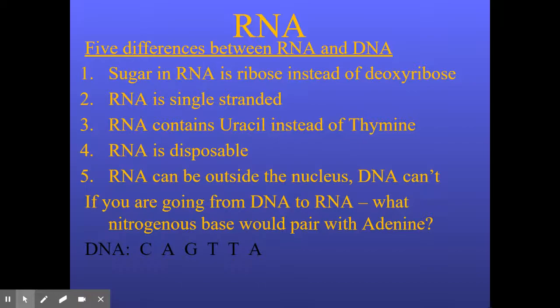So if I receive this DNA copy, what would the RNA readout be? C goes to what? G. A goes to U. G to C. T to, T to, and then A to.